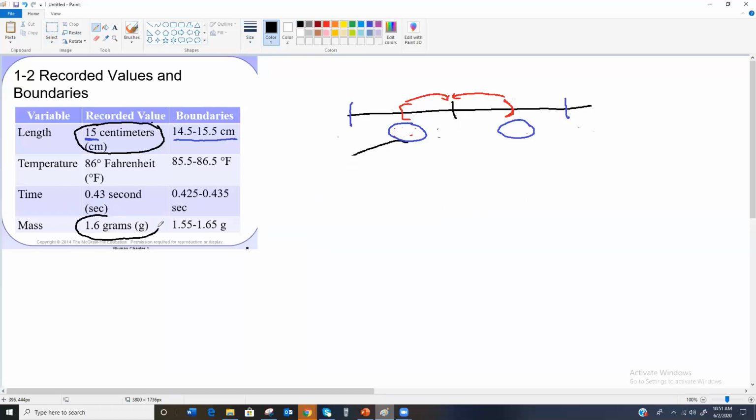What does it look like they're measuring to? They're not measuring to the nearest gram. What are they measuring to? Just in general, they're measuring to the nearest what? It's not whole. They're not measuring to the nearest gram. They're measuring to the nearest tenth.